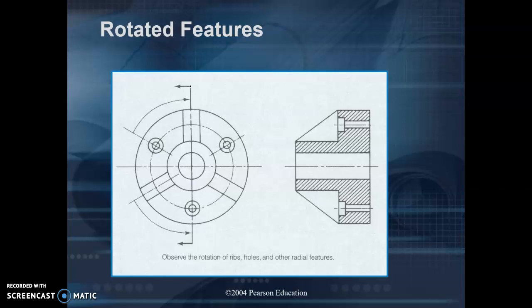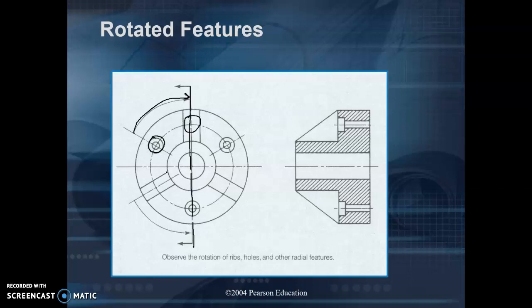Now if we just simply cut a section line straight through it in a vertical direction, really we would only be cutting through 1 hole and 1 rib, which would lead to kind of an asymmetrical looking section view. And so what we do is we take this hole that isn't really on this cutting plane line and we rotate it up here as if it were.